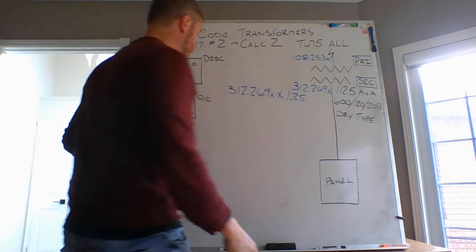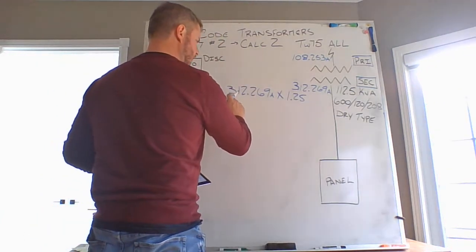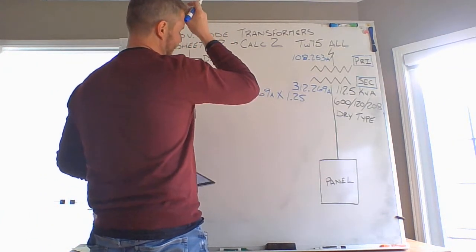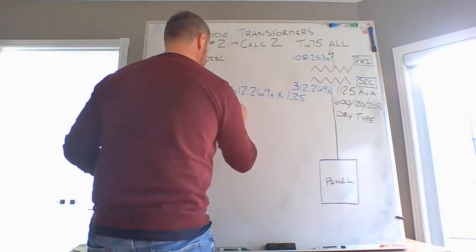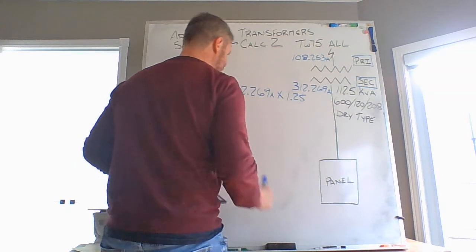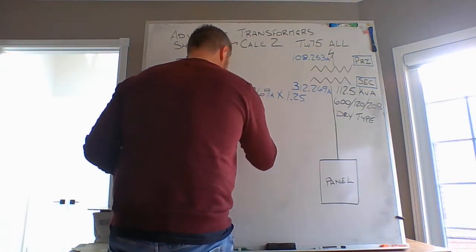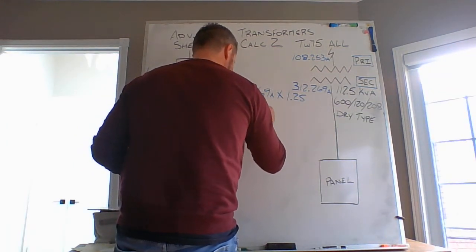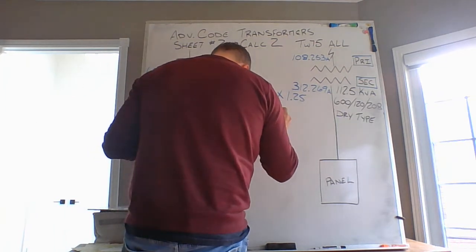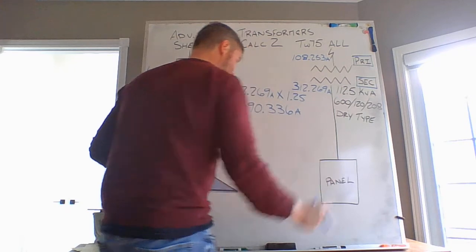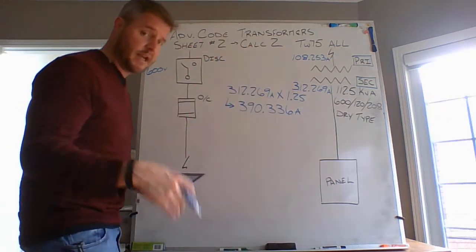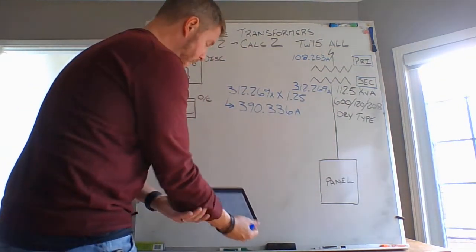If I do that calculation, 312.268 amps multiplied by 1.25, I end up with a value of 390.336 amps, non-continuous on the secondary side of my transformer.